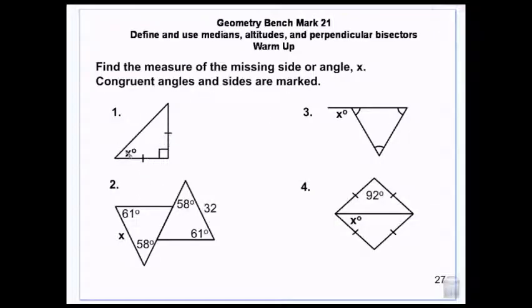If these two sides are the same, then these two angles are the same. So this will also be x, and this is obviously 90. So I have 180 minus 90 is going to be 2x's. So if 2x's is 90, 1x is 45.